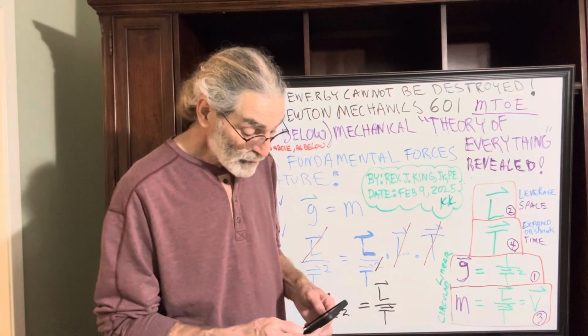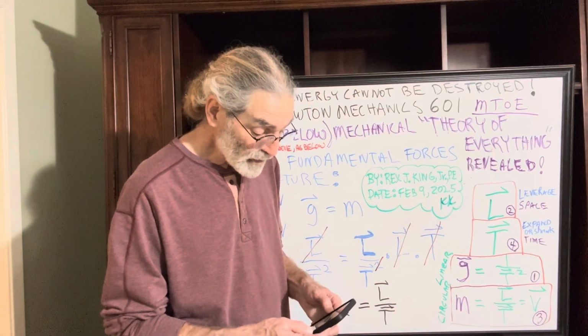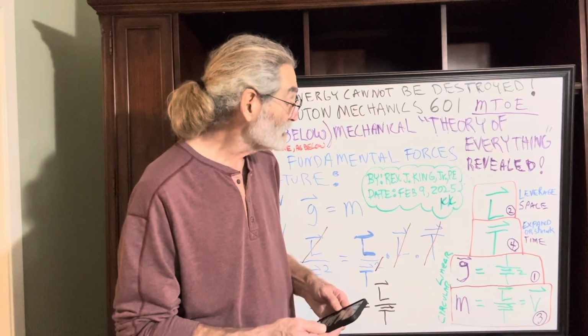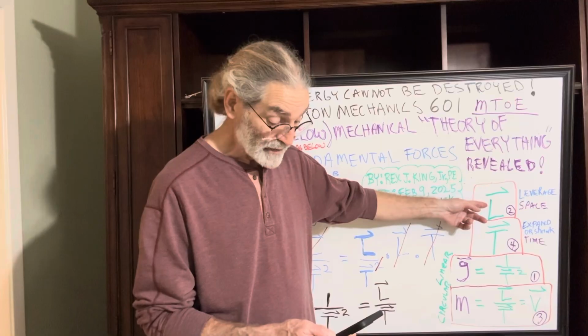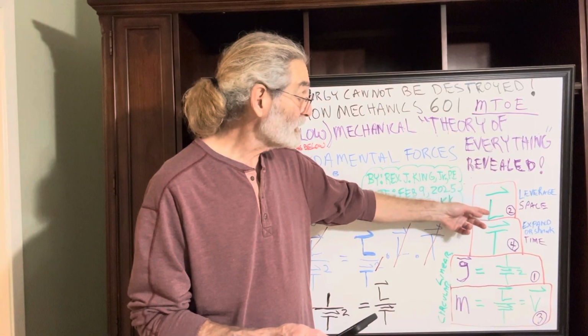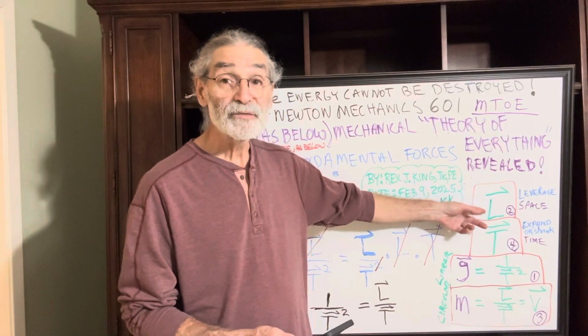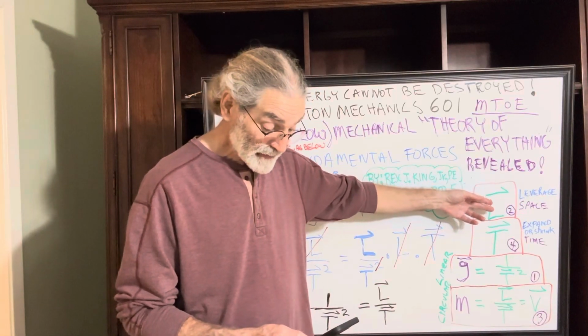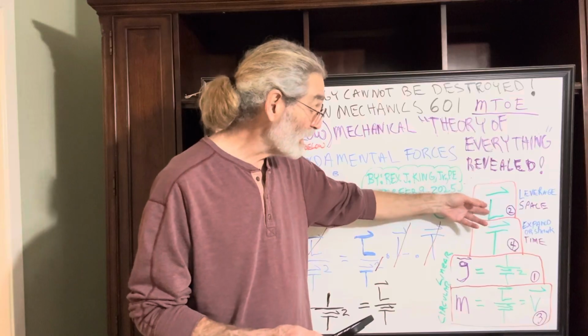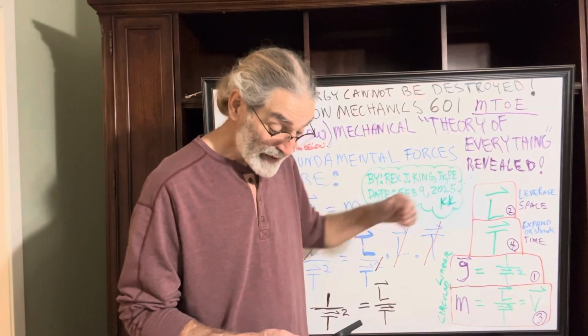Electromagnetism is what makes light and holds atoms together. That's this one right here, number 2. So that's light, in other words, just light moving through linear space, linear movement. That's what light does, and it holds atoms together. We'll get to that in a second.